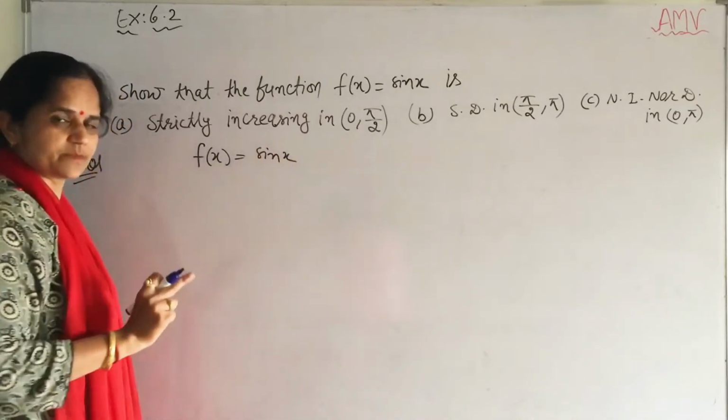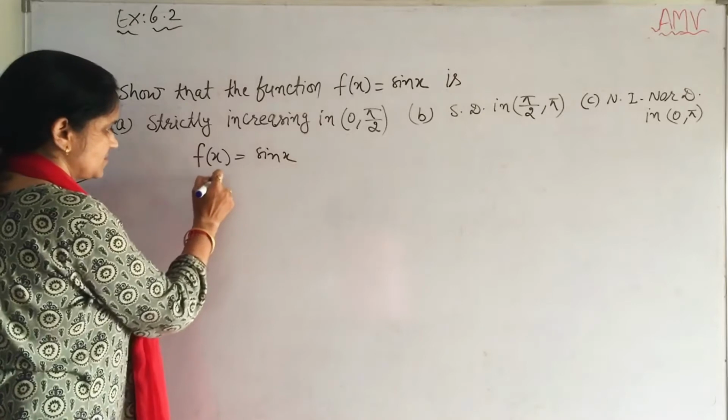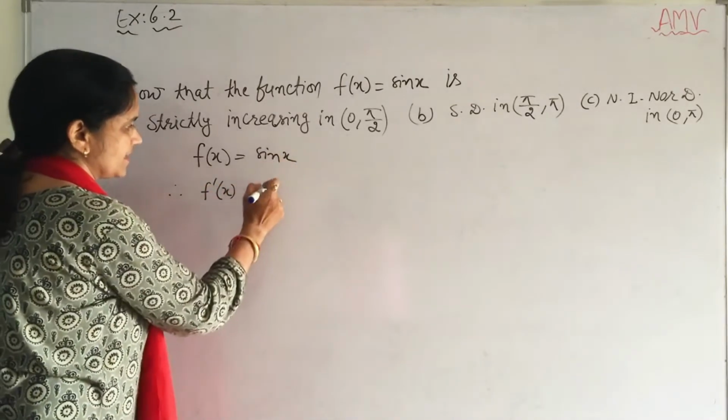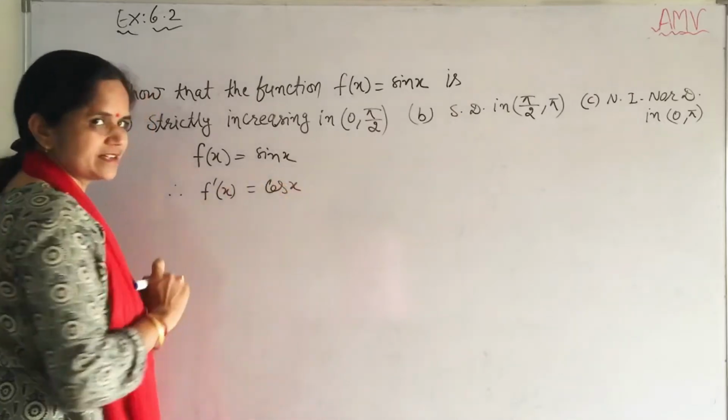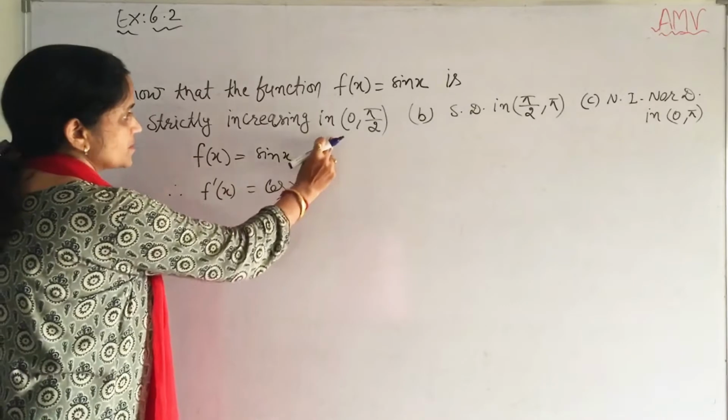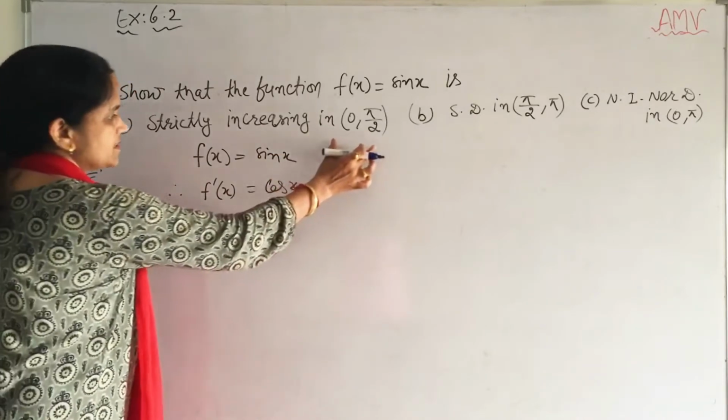Differentiate it with respect to x. It means we are finding f dash x. The derivative of sin x is cos x. Now see whether cos x is positive or negative in this interval.